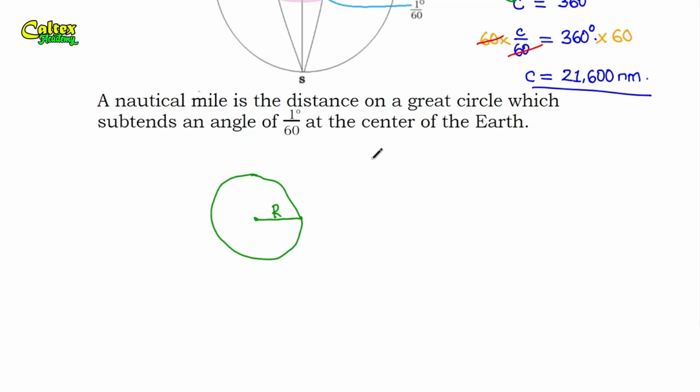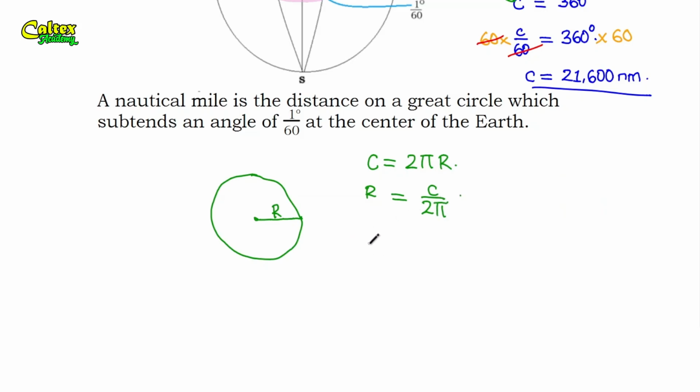We know that the circumference of a given circle is given by 2 pi r. From here, our main interest is to make r the subject. So if you divide both sides by 2 pi, we obtain r equals the circumference c over 2 pi.